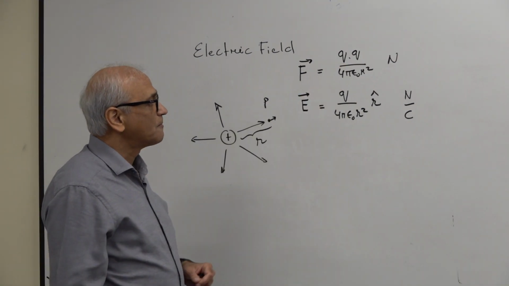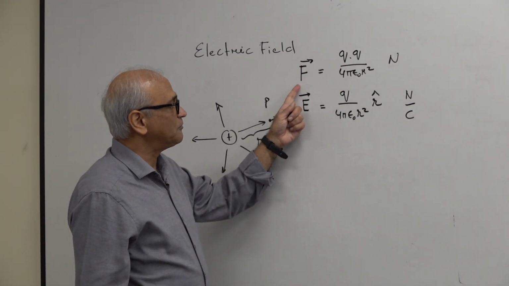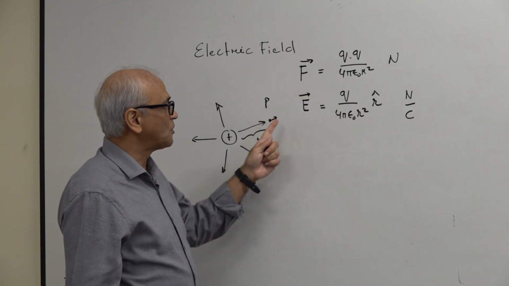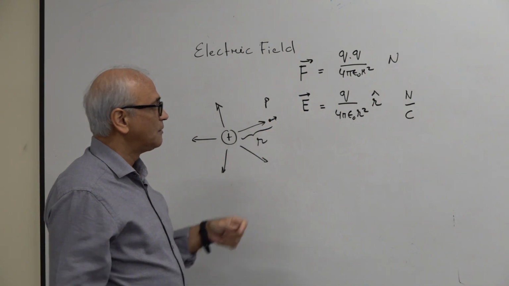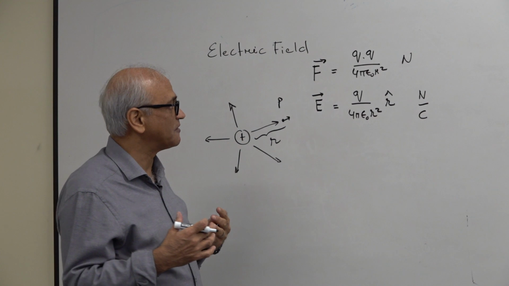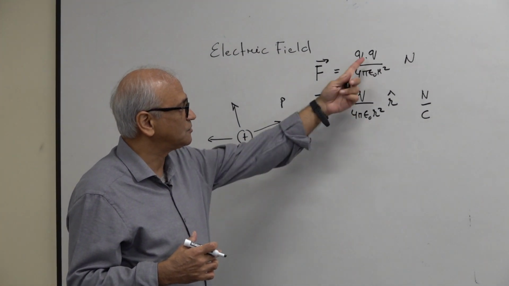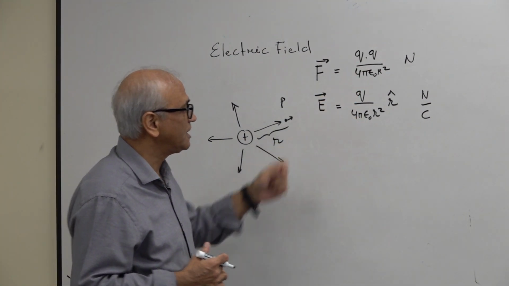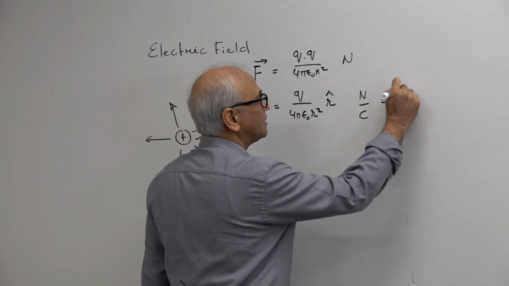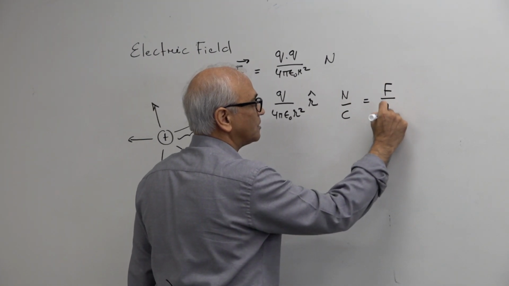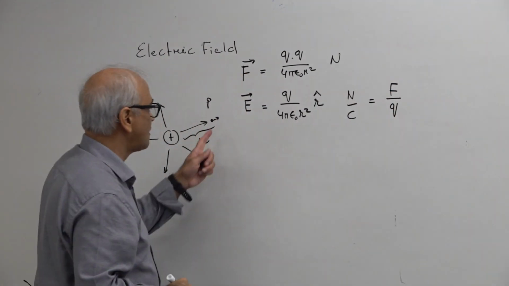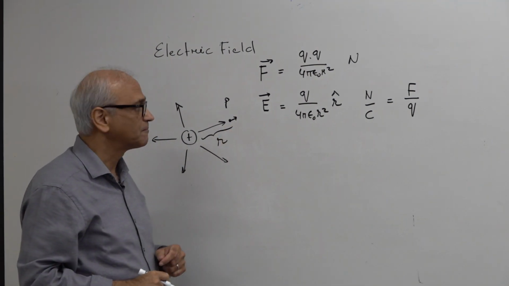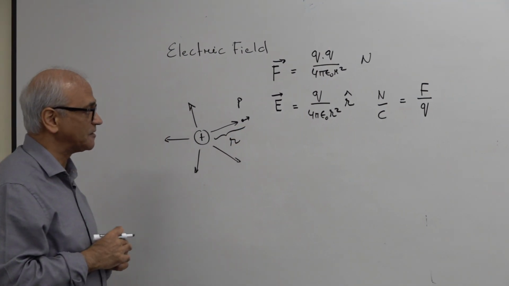But if I divide F by Q, what kind of electric field does the charge Q experience? There's one less Q, right? So E is nothing but F over Q, where Q is the charge that I place over here. So that's the electric field that I experience.